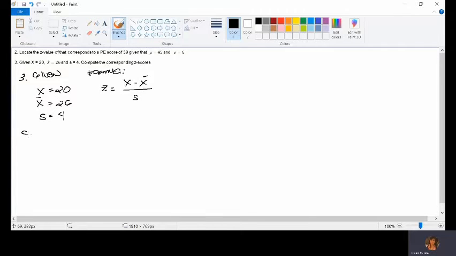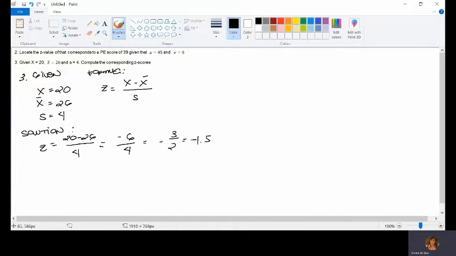Okay, so the solution will be z is equal to 20 minus 26 over 4. So 20 minus 26, that is negative 6. And negative 6 over 4, that is equal to negative 3 over 2, or in decimal, that's negative 1.5. Okay?